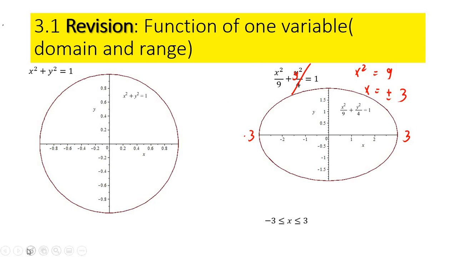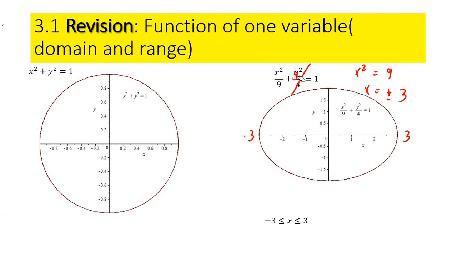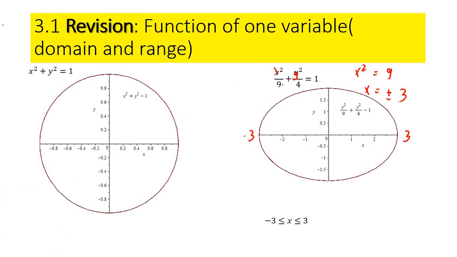Later on, if you let x equal to 0, so y squared over 4 equals 1, or y squared equals 4, y will be positive or negative 2. So this one is negative 2, positive 2. So we have 1, 2, 3, 4 points. Then you can roughly sketch.